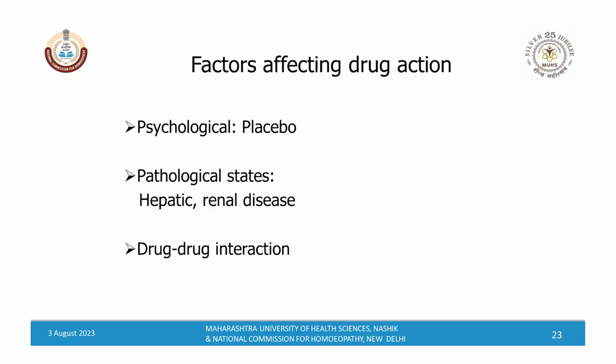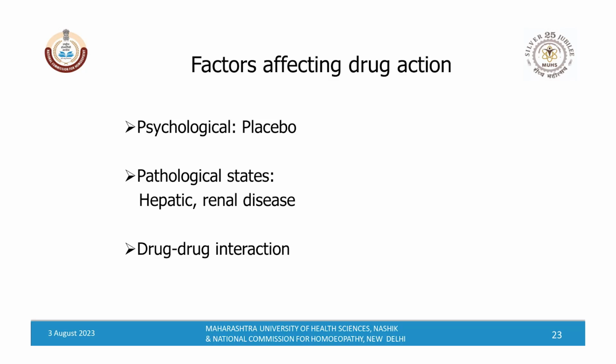But sometimes the physician feels that the patient does not require any drug therapy. But on the other hand, the patient refuses to accept the same, and in fact insists that he has to be prescribed some drug. So in this situation, what would the physician do? The physician would prescribe a placebo.